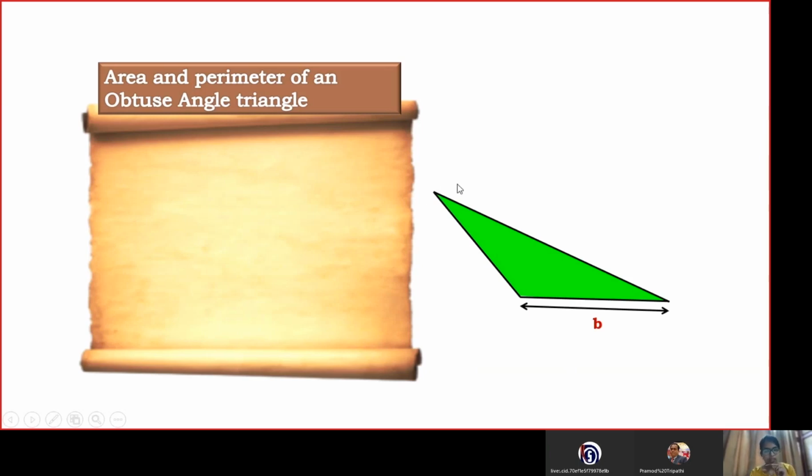If you can see my cursor, from here when I draw the height, it will lie outside the triangle. So whenever we calculate the area or perimeter of an obtuse triangle, remember that the height will lie outside.